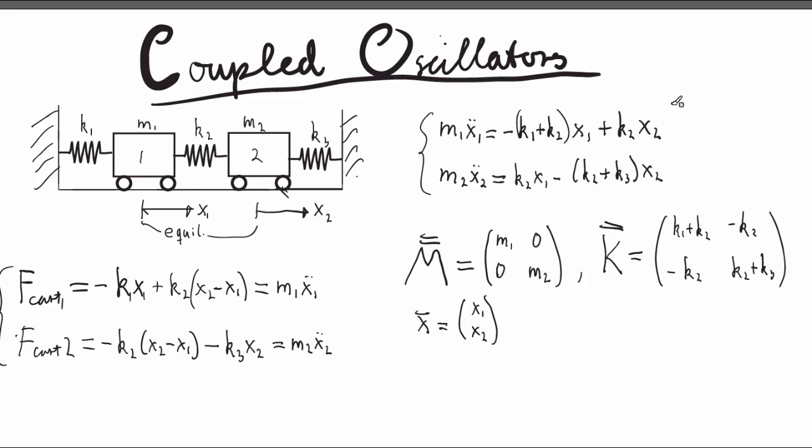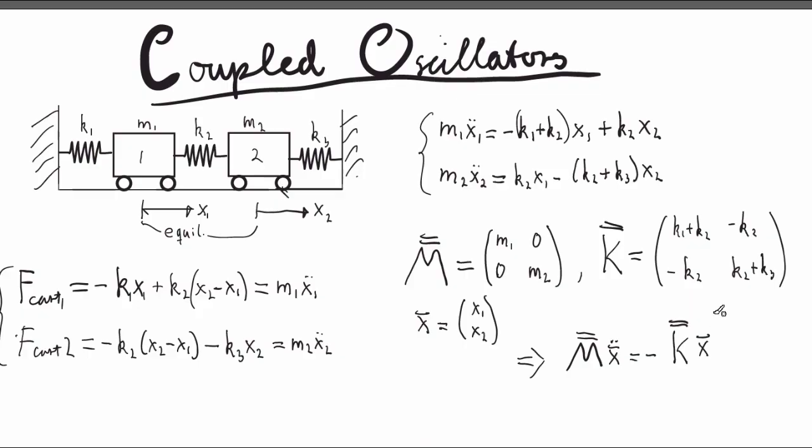So if we made those definitions, this set of differential equations here can be written simply as M, matrix M, multiplies now the vector x, M double bar times the vector x double dot, equals minus matrix K times vector x.